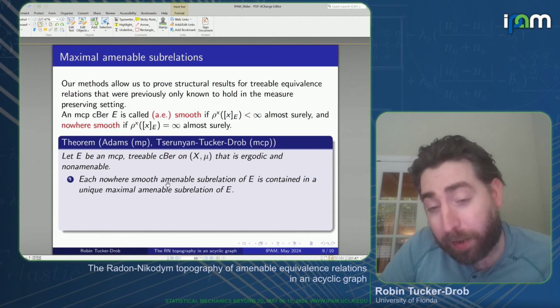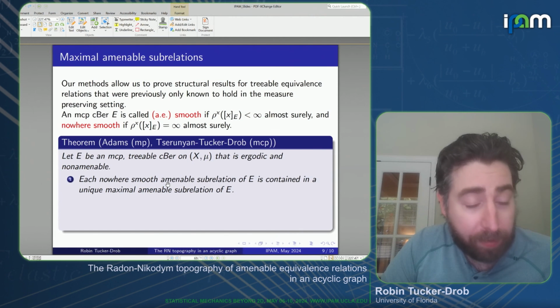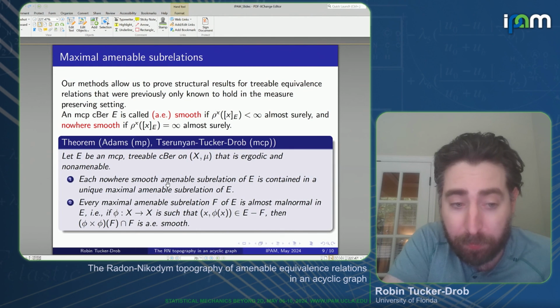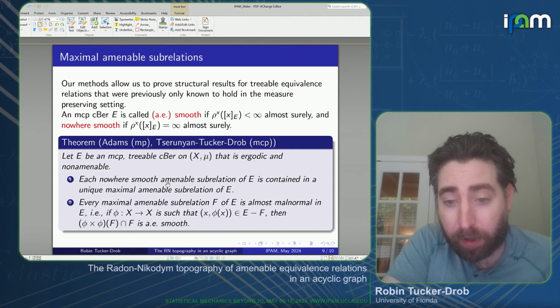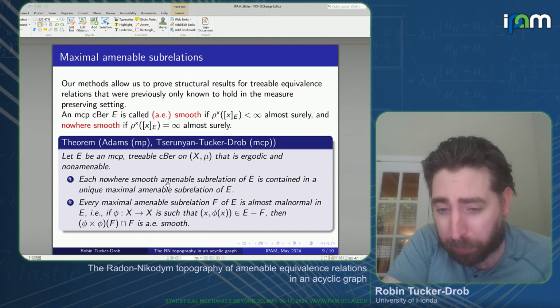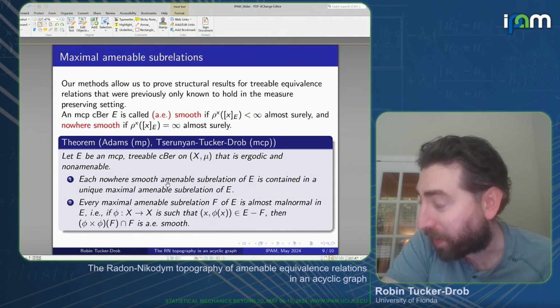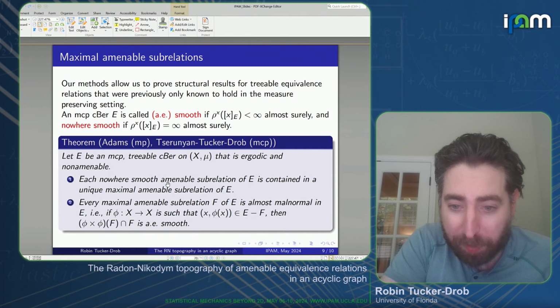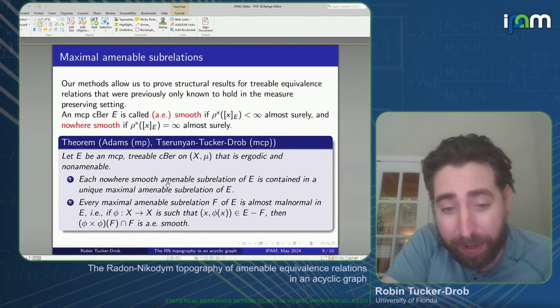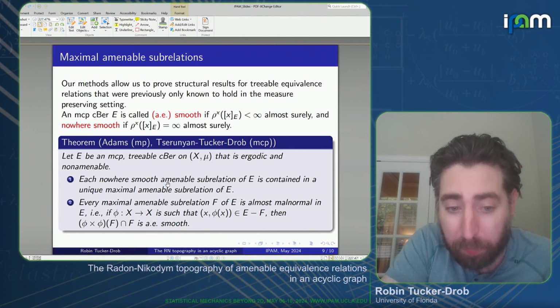And very much along these lines, we have number 2, which says that every maximal amenable subrelation is almost malnormal. So it's another instance of this transversality of distinct amenable subrelations. Saying it's almost malnormal means the following; here phi is supposed to be a bijection.